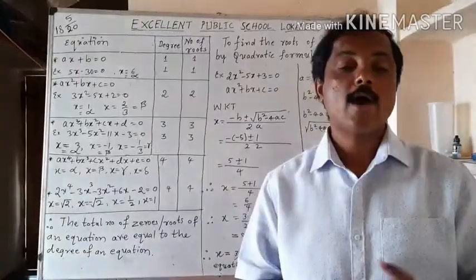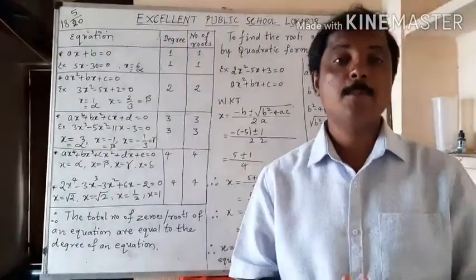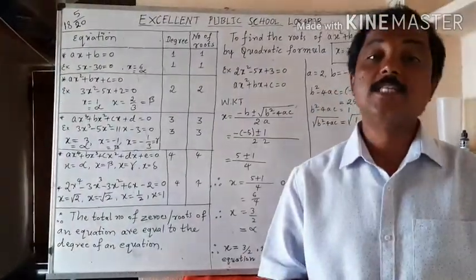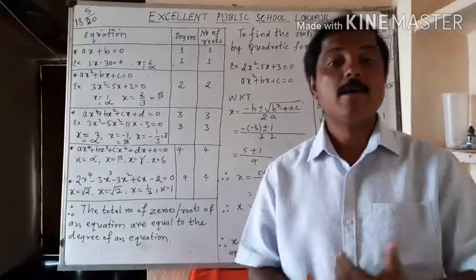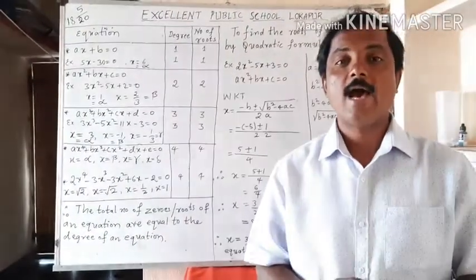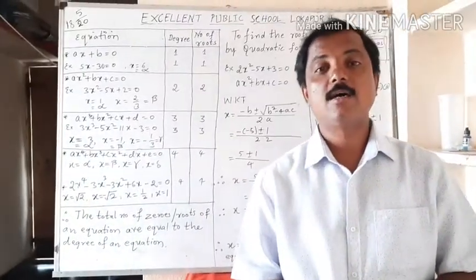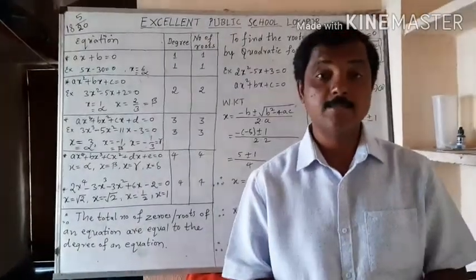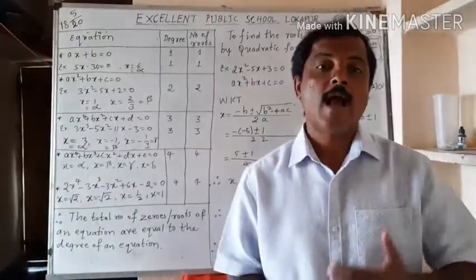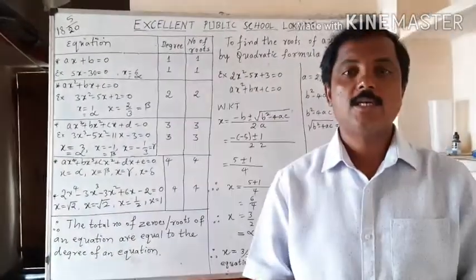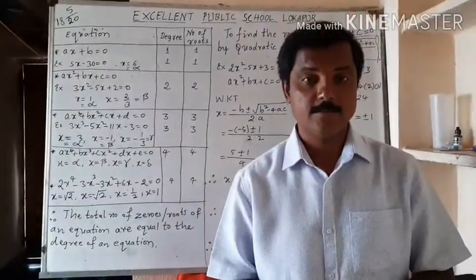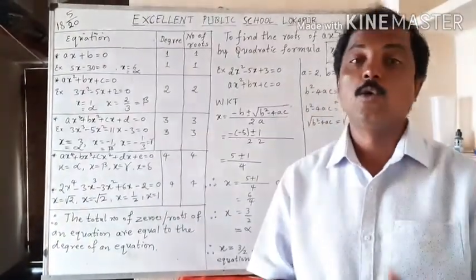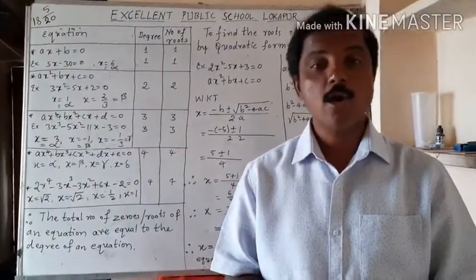Hope you have learned this session and the concept discussed in it. Remember the quadratic formula and take many more examples of the form ax square plus bx plus c equal to 0, find the roots, and then verify whether the roots found are the roots of the equation or not.